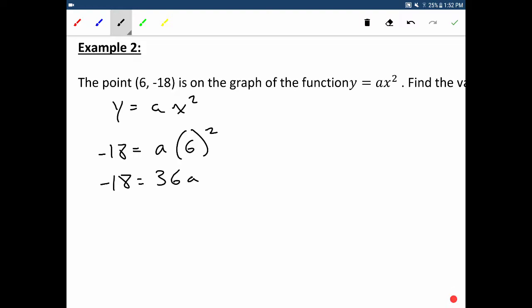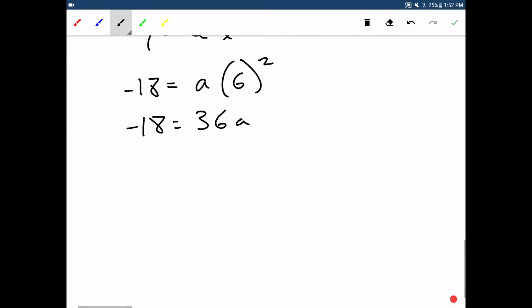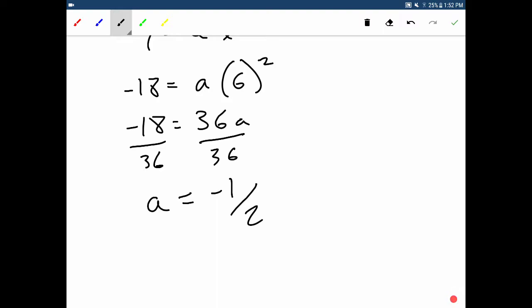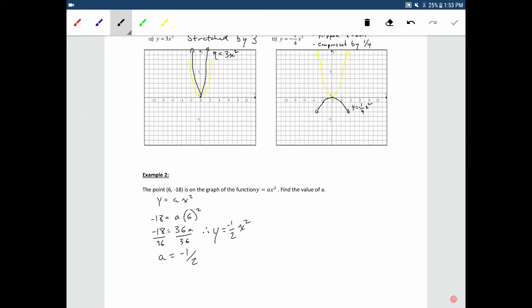And then to get the a by itself, we just divide both sides by 36, and we get a is equal to negative 1 over 2. So therefore, y equals negative 1/2 x squared. So there you go.